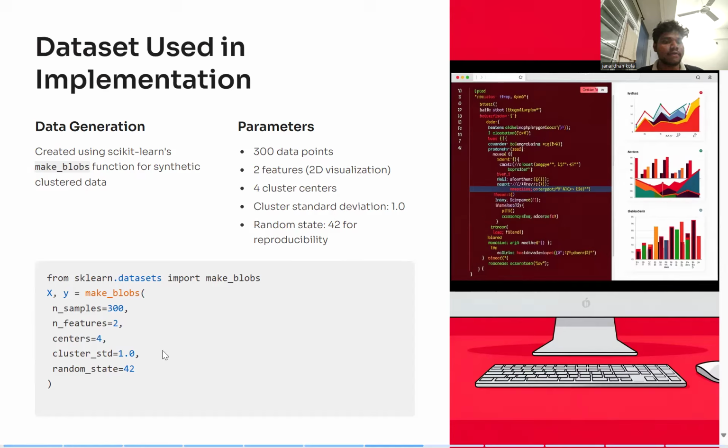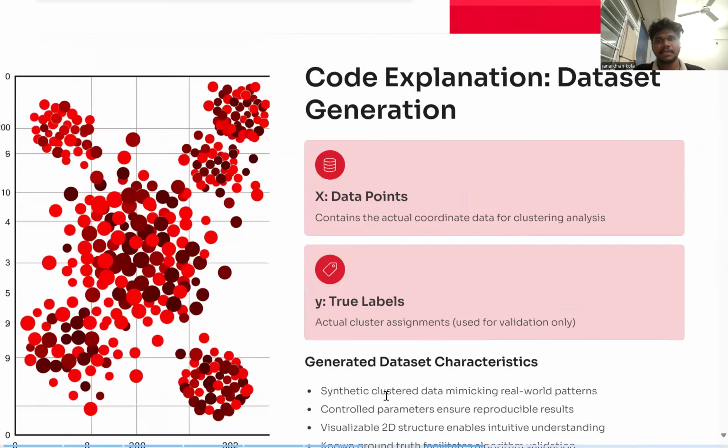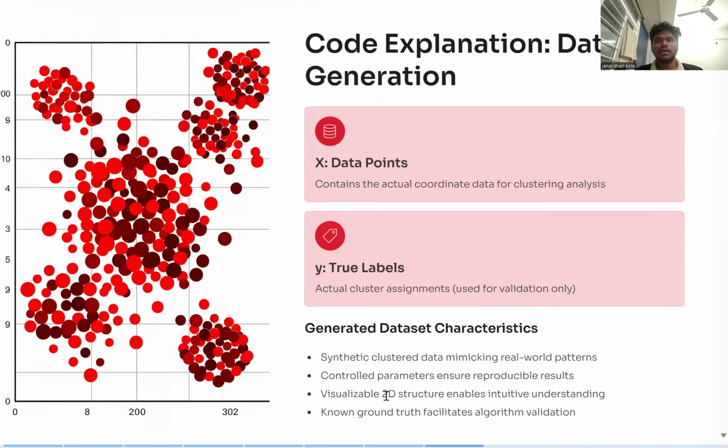This was the code where we get the data set from the blobs. In the data generation, X is the data points containing the actual coordinate data for clustering analysis, and Y is the true labels, actual cluster assignments used for validation.